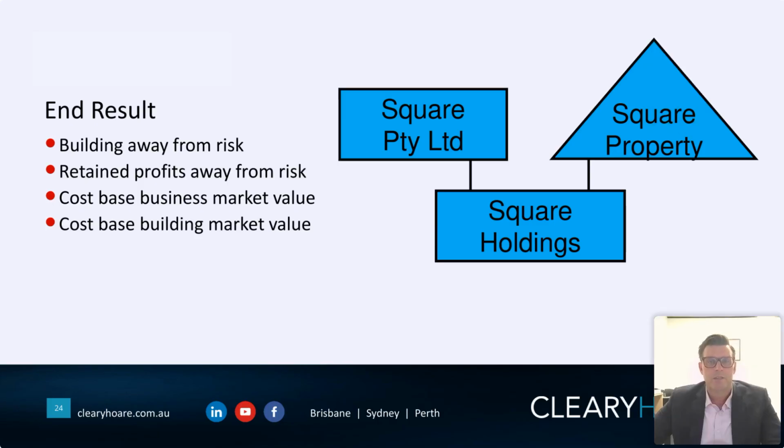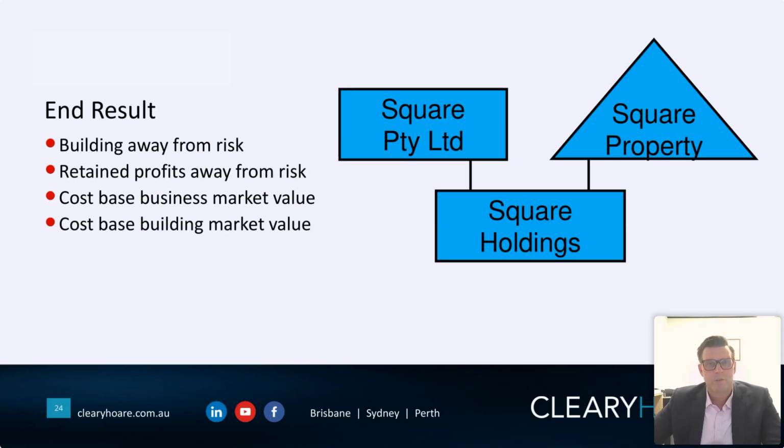We've moved it over here. There's potentially stamp duty in some states, or partial relief, I should say, in some states. Our retained profits are sitting down in Holdings, they're away from risk. Because of the take-up of the liability in the ACA calculations, the cost base of the business would now be at roughly market value. The cost base of the building would now be roughly market value. So we're having some significant advantages there moving forward if there ever is a sale of the property.